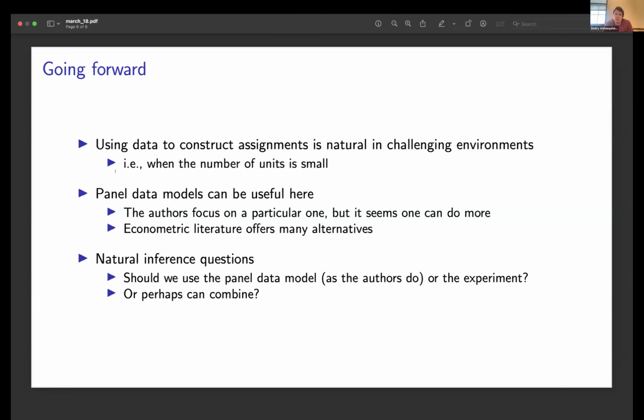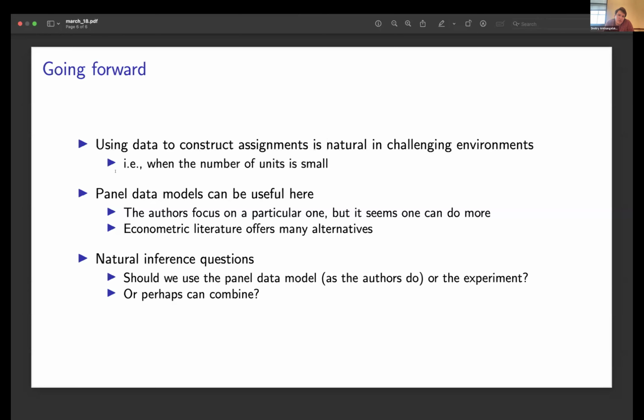The author is focused on this particular panel data model for which a synthetic control type of procedure works well, but there might be other panel data models for which procedures would need to be changed, or we can follow, for example, the ideas that I was discussing in the previous slide. In general, the canonical literature offers many models that one can consider here, and so maybe it's worth exploring what those models, other than the linear factor model, would imply for a similar type of problem.